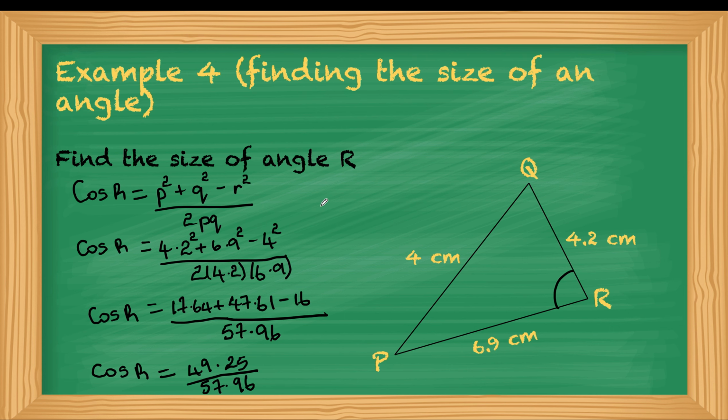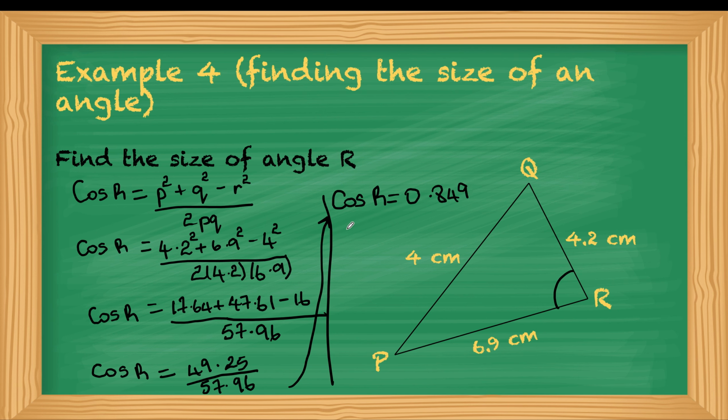So we're taking it up to this side to continue our question. So we still don't have R, so we're not finished. So when we divide 57.96 into 49.25, we end up with 0.849.